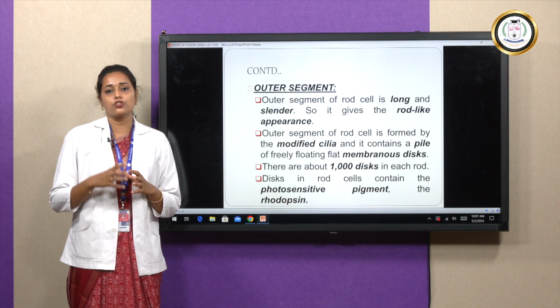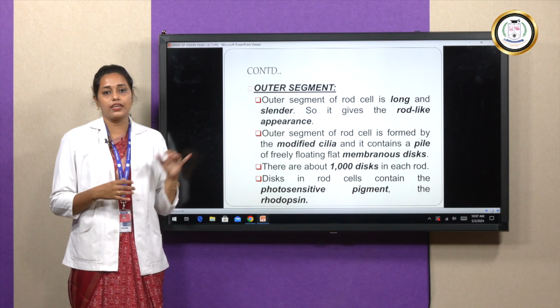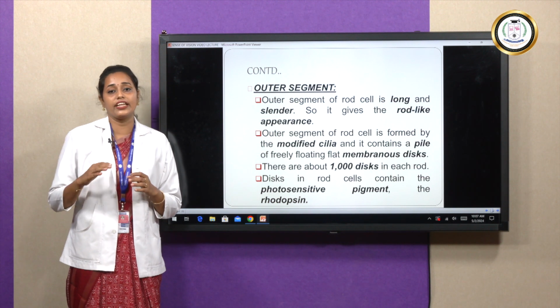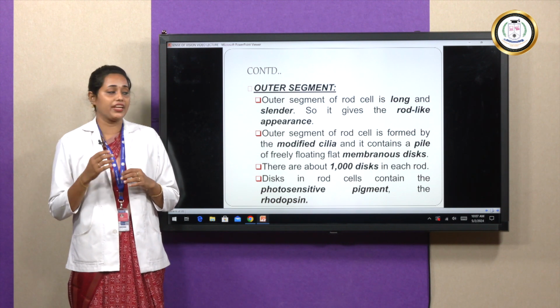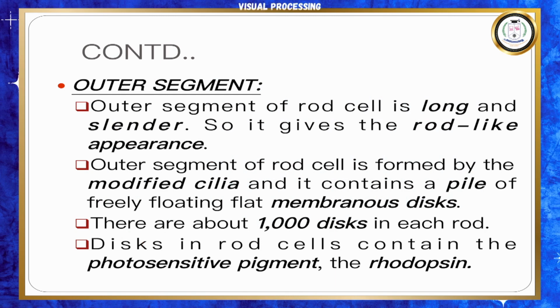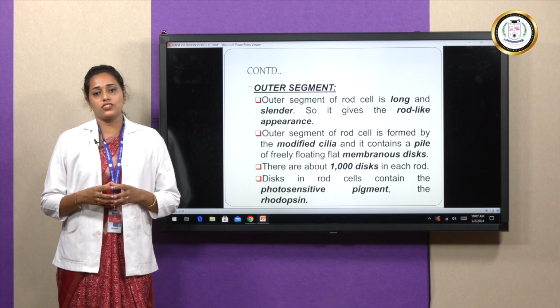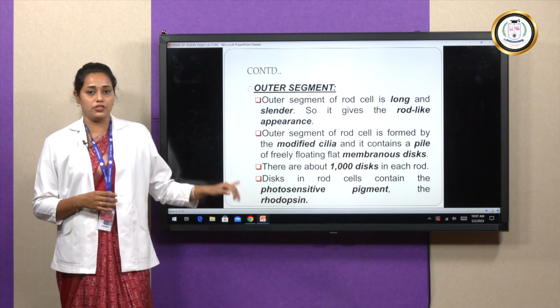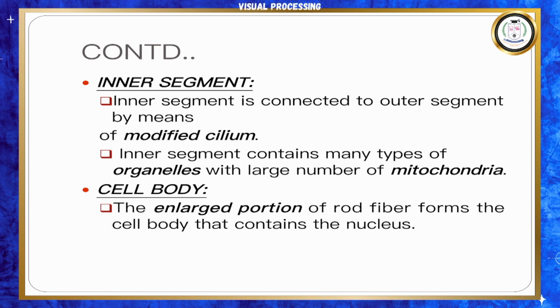The outer segment of the rod cell is formed by modified cilia and it contains a pile of freely floating flat membranous discs. There are about 1000 discs in each rod, and the discs of each rod contain a photosensitive pigment called rhodopsin.